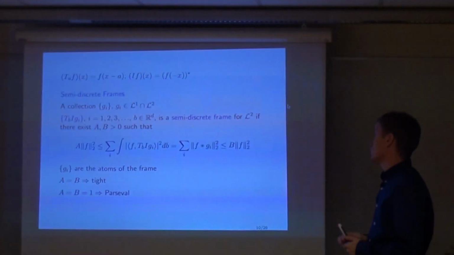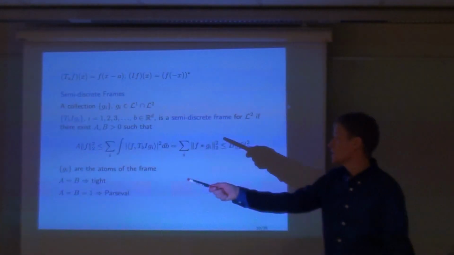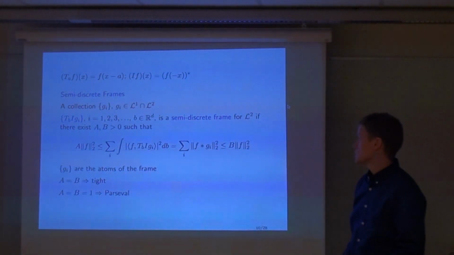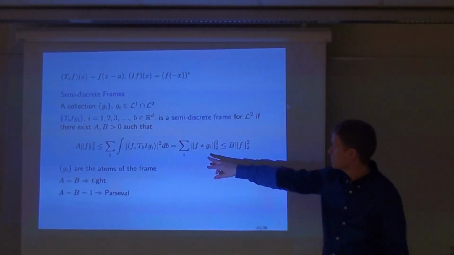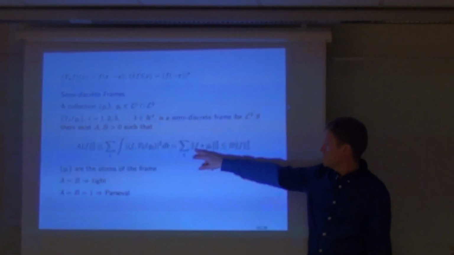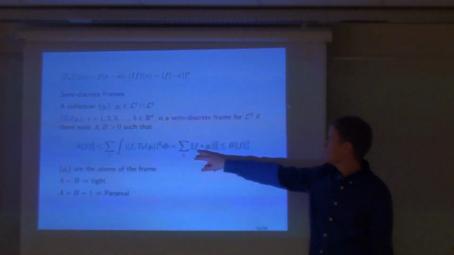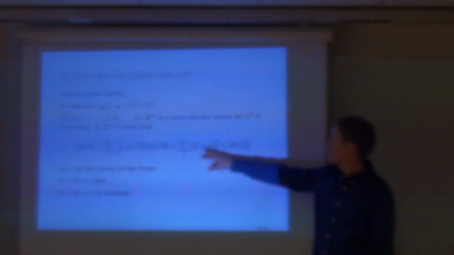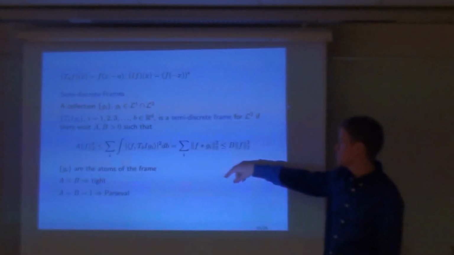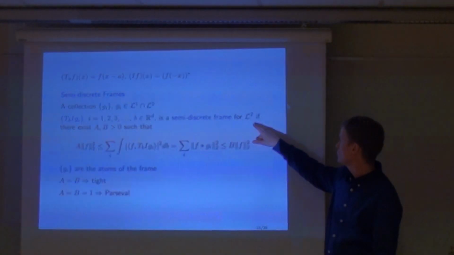It's a semi-discrete frame for all L2 if there are constants A and B, such that, I guess we can look here, such that if you do the convolution between something is missing. It should say for each F in L2.